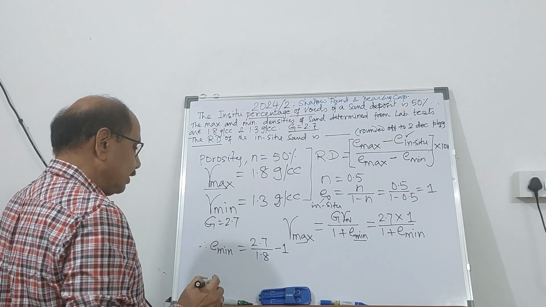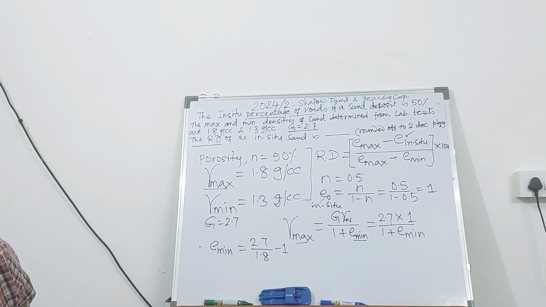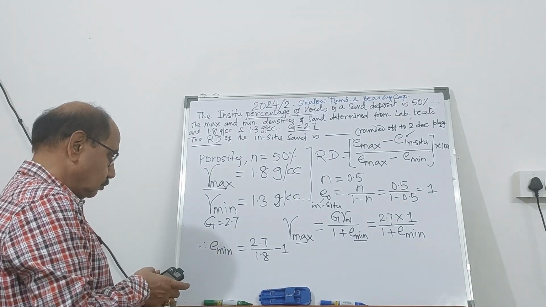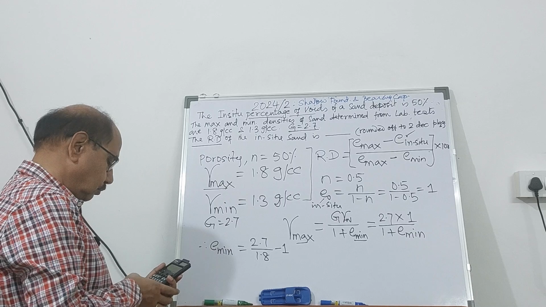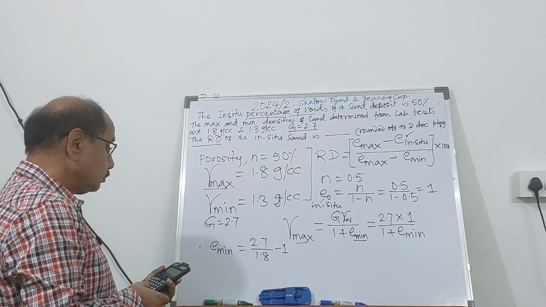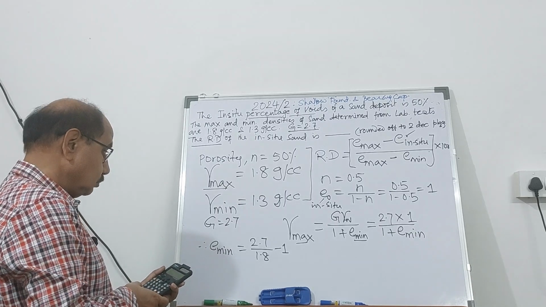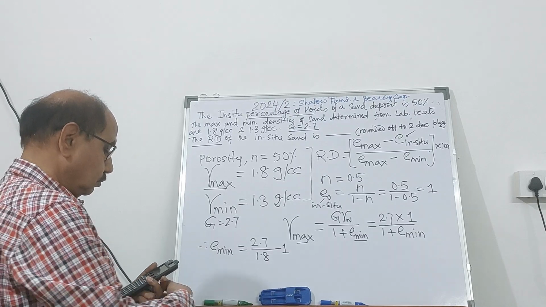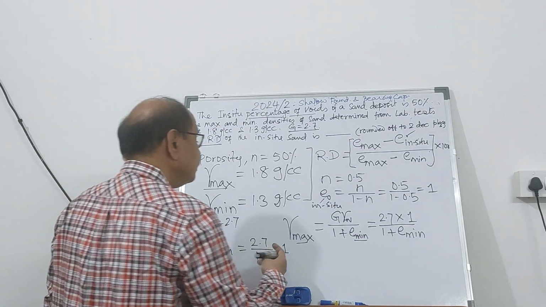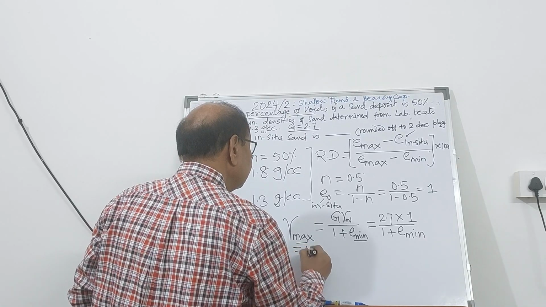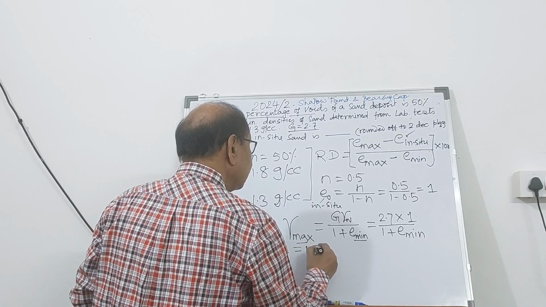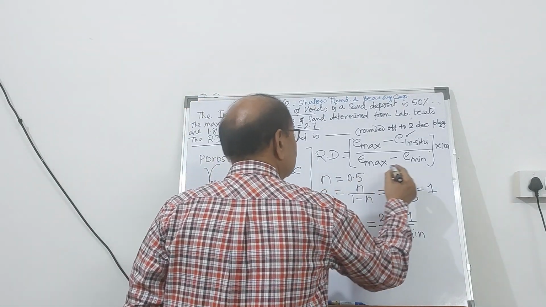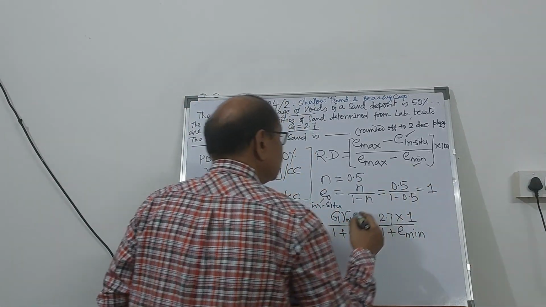So e minimum is 0.5. This value is known to us now.